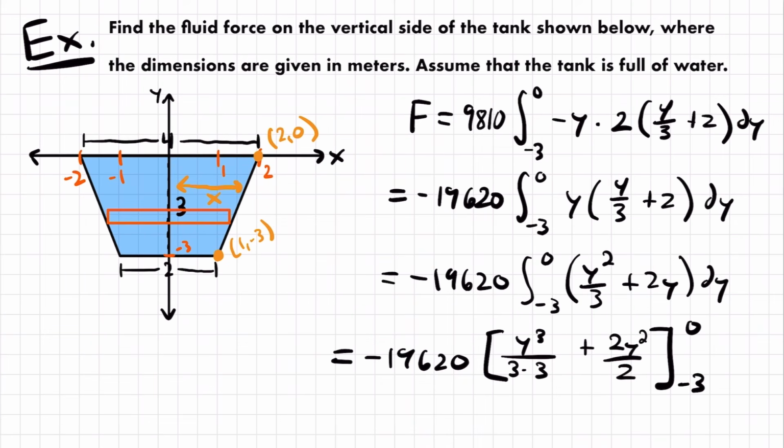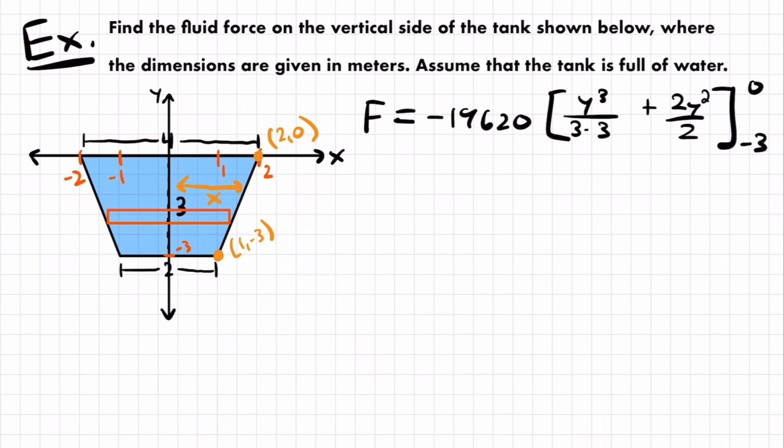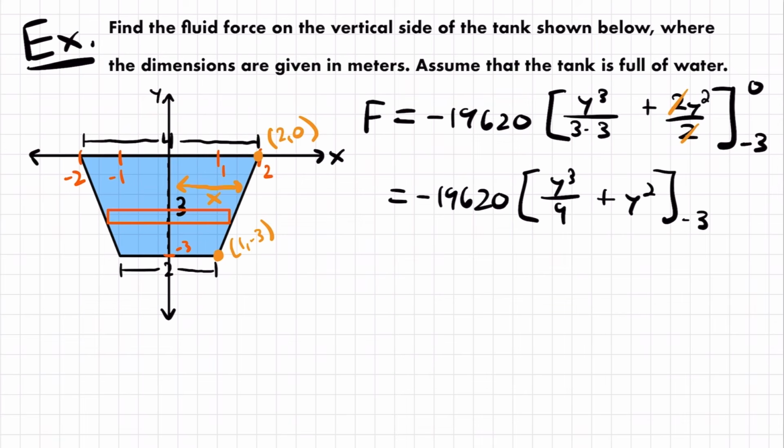Okay, so if I clean up my work here, we can simplify, and this will be equal to negative 19,620 times y cubed divided by 9 plus y squared, since these 2's will cancel out, and that will be evaluated from negative 3 to 0. Okay, so now we can plug 0 into this expression and subtract the evaluation at negative 3, but note that plugging 0 into each of these terms is just going to produce 0. 0 cubed divided by 9 is 0, plus 0 squared is still 0.